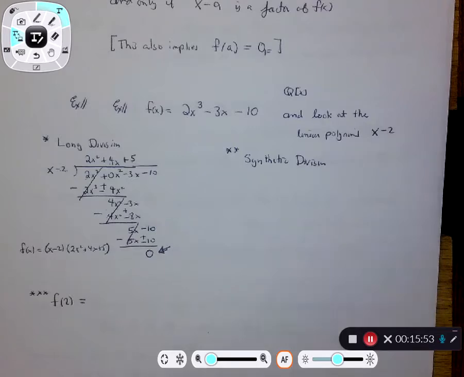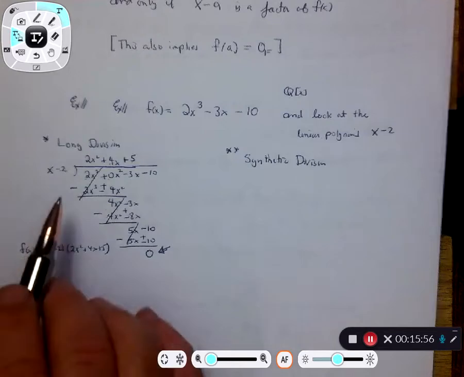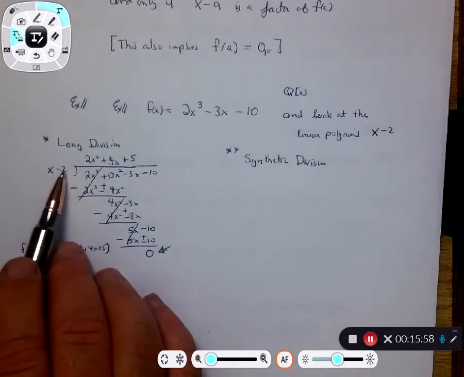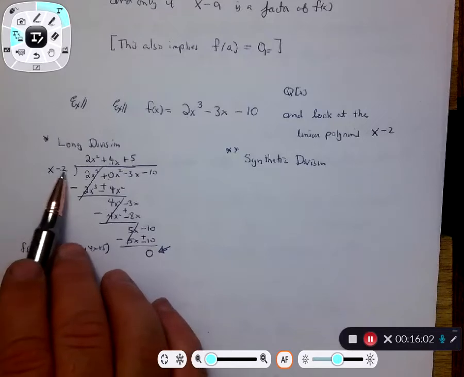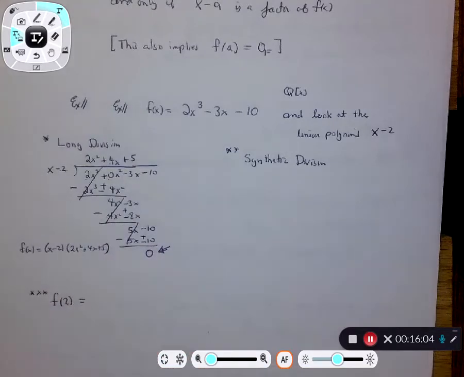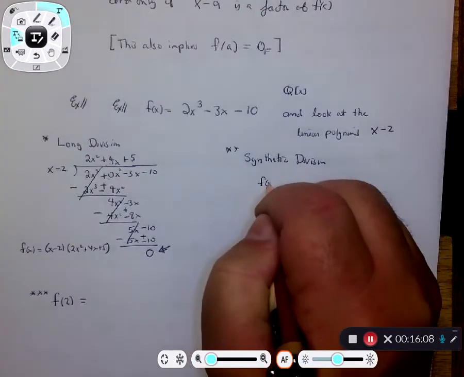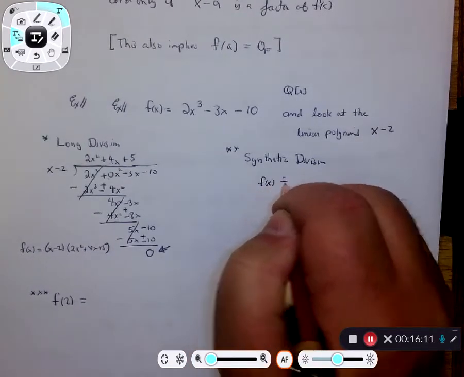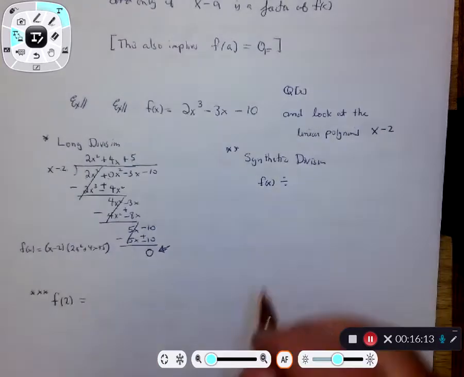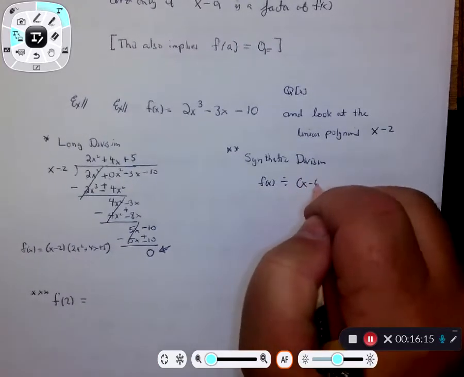However, there is an easier method if you remember that when you divide a polynomial by a linear term, x minus c, you can also do what we call synthetic division. So with synthetic division, you take f(x) and divide by x minus c.